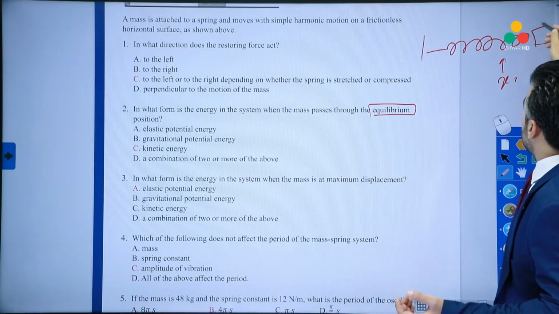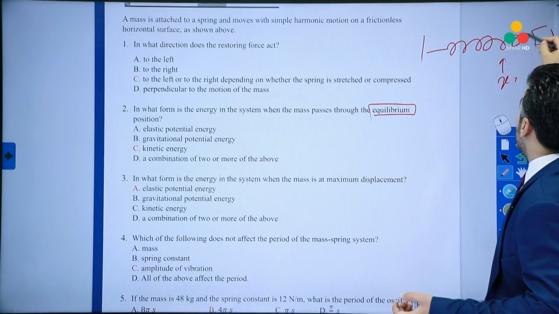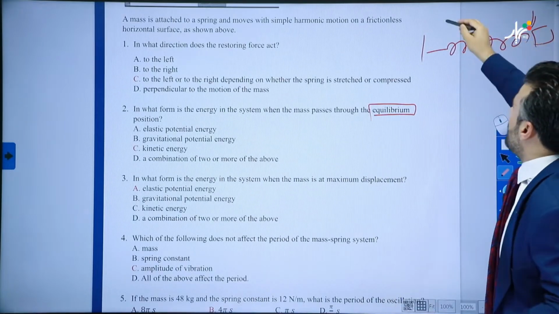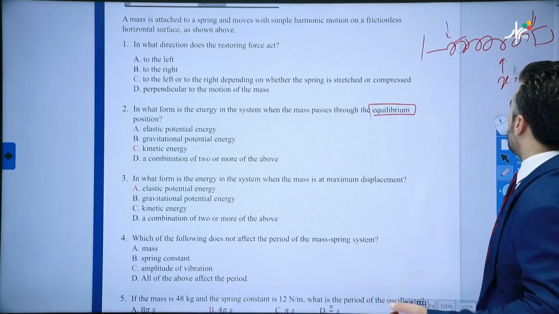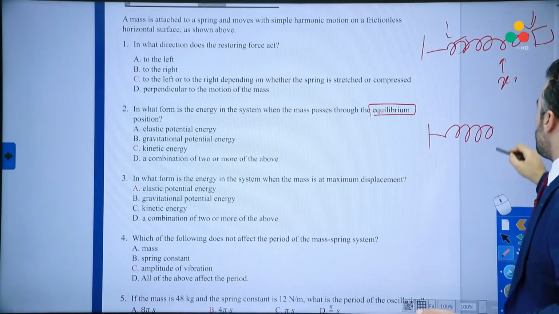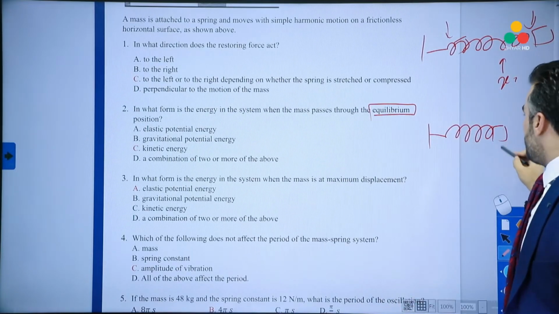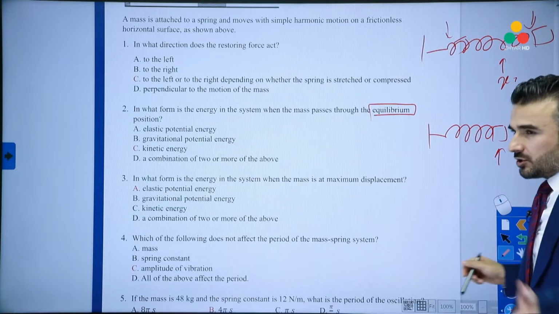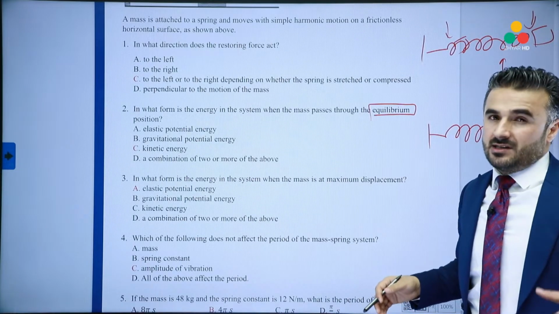At this point, it is stretched, so the energy would be elastic potential energy. If it is compressed, it is also going to be elastic potential energy. But if the mass passes through the equilibrium, then the spring is neither stretched nor compressed. And if it is not stretched or compressed, can we say the energy is elastic?